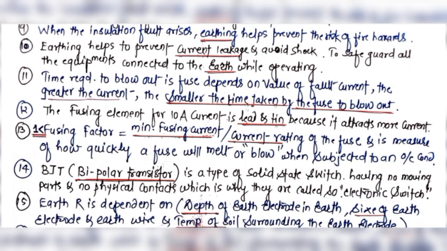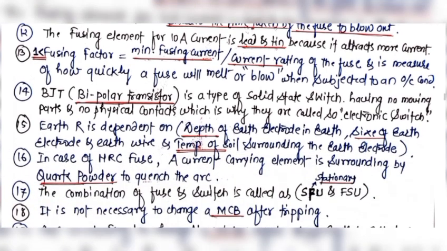Fusing factor is always greater than 1, that is, it is the ratio of minimum fusing current to the current rating of the fuse and is a measure of how quickly a fuse will melt or blow when subjected to an overcurrent condition.